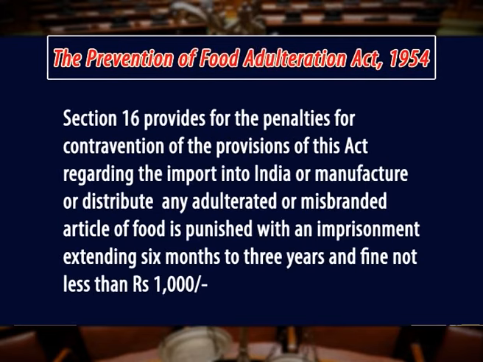Section 16 provides for the penalties for contravention of the provisions of this Act regarding the import into India, or manufacture or distribution, of any adulterated or misbranded article of food, punished with imprisonment extending from 6 months to 3 years and a fine of not less than rupees 1000. The punishments for other offences relating to food adulteration are also prescribed under the section.